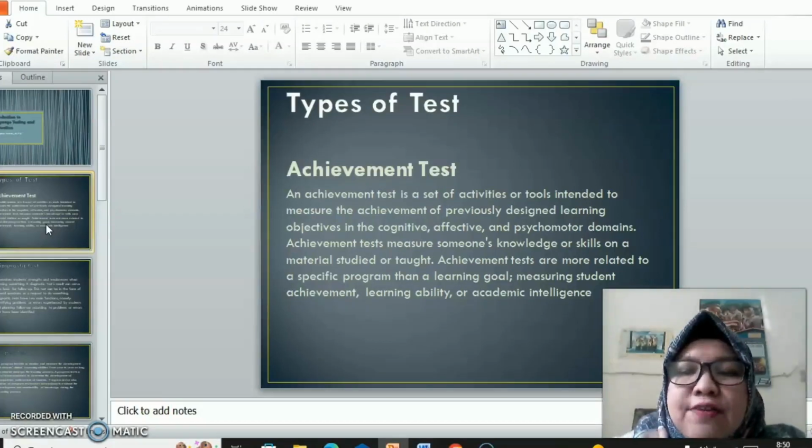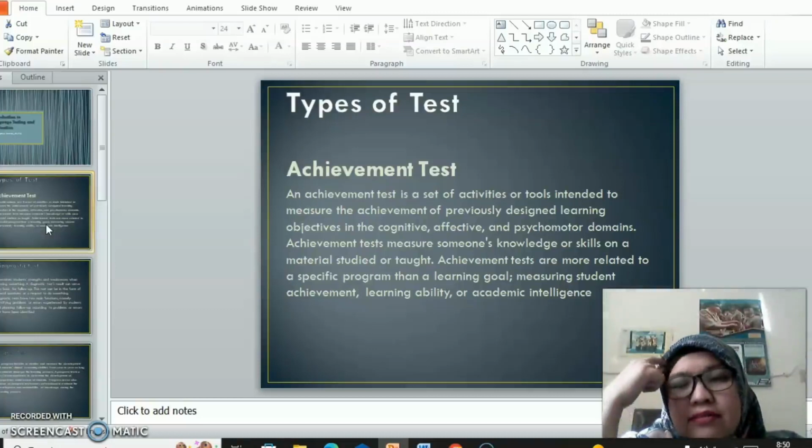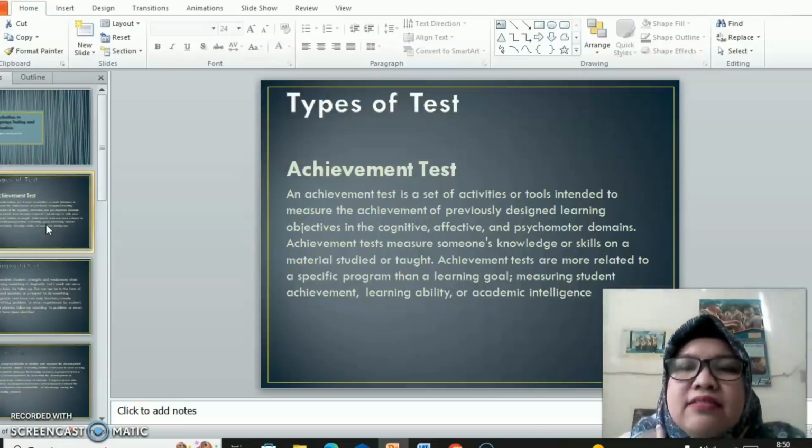So in conducting formative tests, it means that the test items must be constructed based on collections of basic competence or learning indicators from the first meeting until the middle meetings.